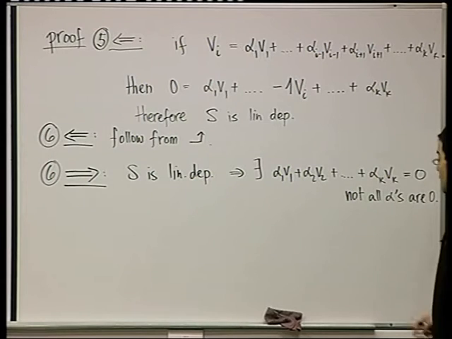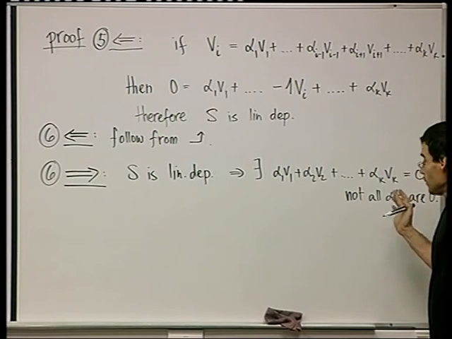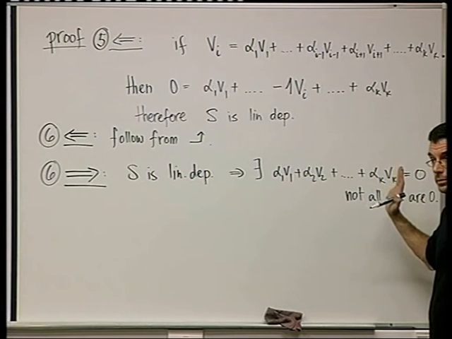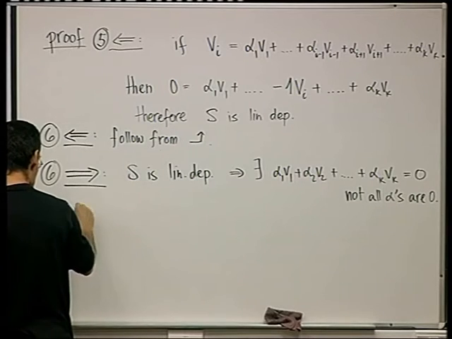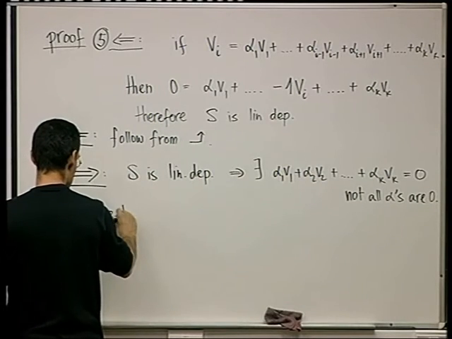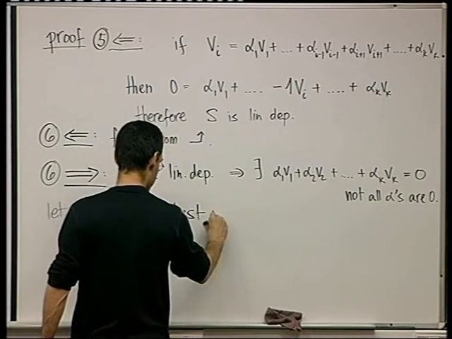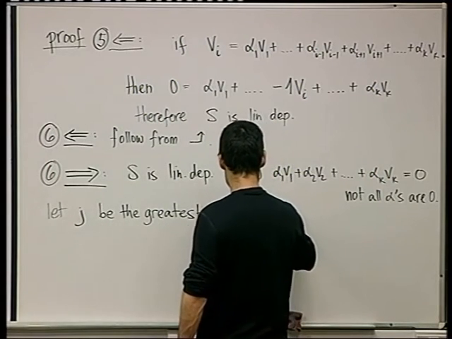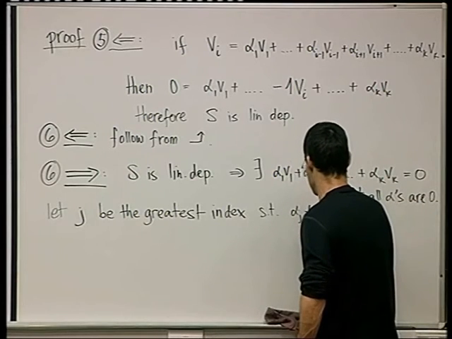This is what it means for S to be a linearly dependent set. Okay? All we know is that not all the alphas are 0. Some of them could be 0, right? So let's take the biggest one that's not 0. Okay? So let J be the greatest index such that alpha j in this linear combination is not 0.